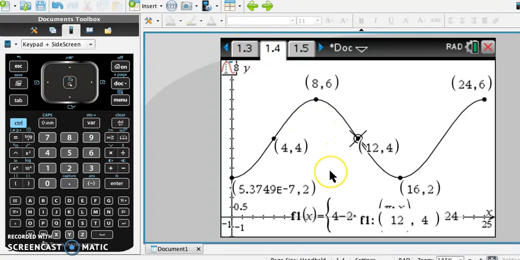We can always trace. Can I still trace? I can. Yeah, so that's really just confirming the values I got with my solve. Don't forget, I only get nice answers here because it happens to be exact.